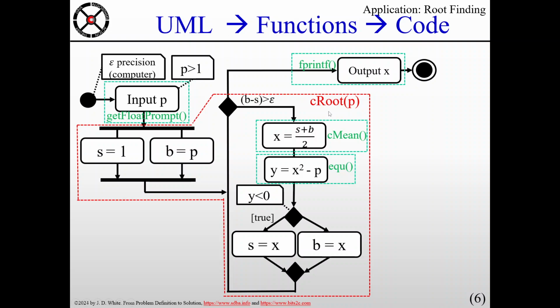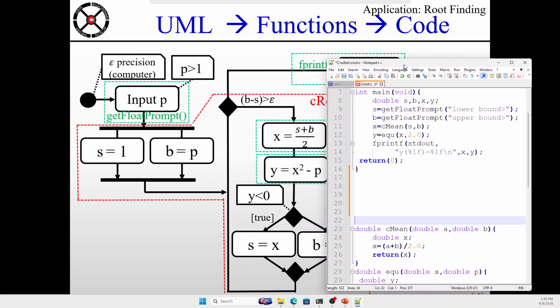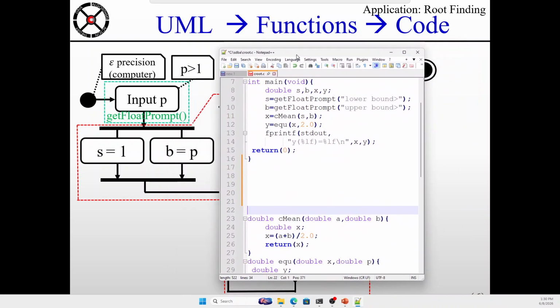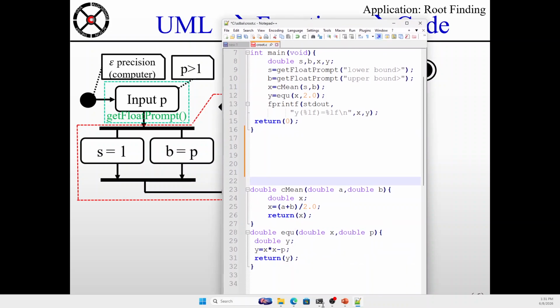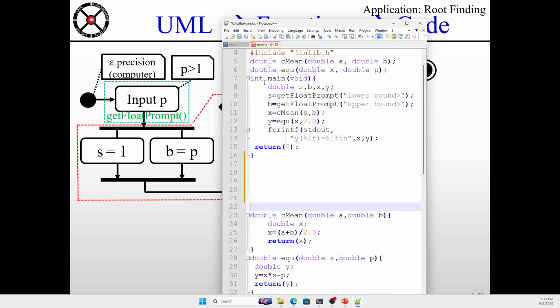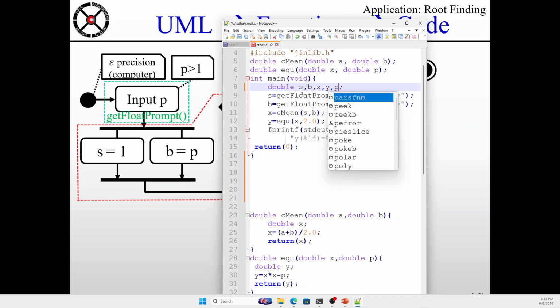Now let's move to C code. Okay, I got him over here. First things first is the input. I want to input precision. Let's get the two things through, P and EPS. I'll call those the things.